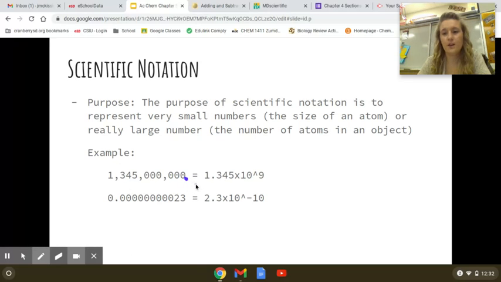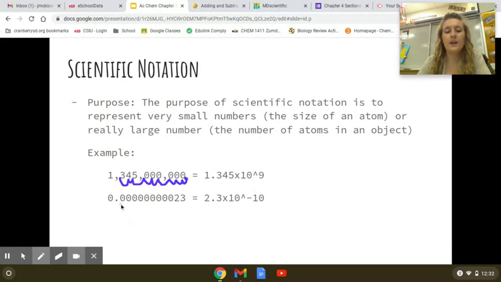It's not listed, but anytime it's not there, it's always at the end of the number. We're going to move it over 1, 2, 3, 4, 5, 6, 7, 8, 9 places. Our goal here is to get a number to the left of the decimal point that is between 1 and 10. So this one would be 1.